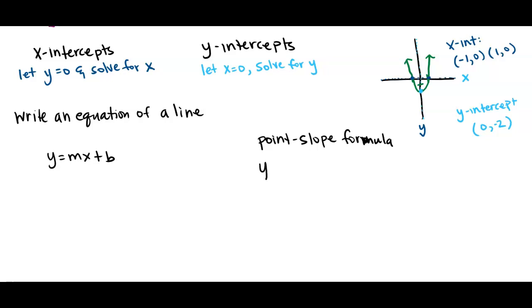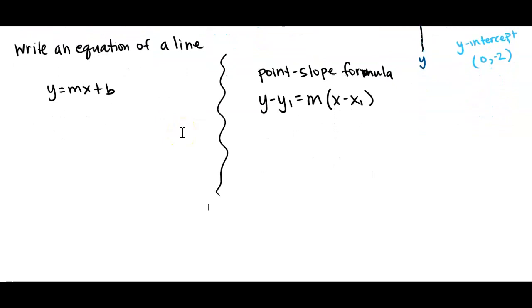And it says y minus y1 equals m times x minus x1. All right, so you can use either of these two things. And I'll show you kind of both ways on this, how you might be able to write an equation of a line using these, okay?